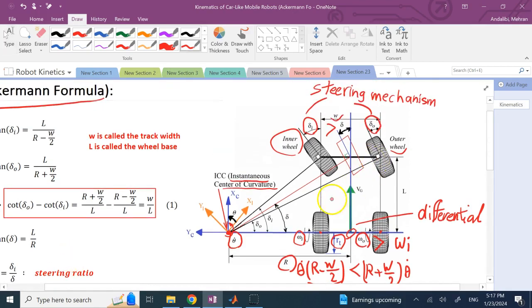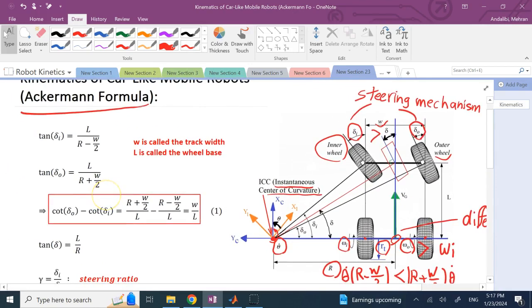So we want to look at this kinematics, and at the changes of the x and y position. If we show the x and y position of this differential with just xc and yc, or x and y, and the angle of this chassis with angle theta, we're going to look at how these three parameters are changing over time. Here we also have an inertial frame, xi and yi.